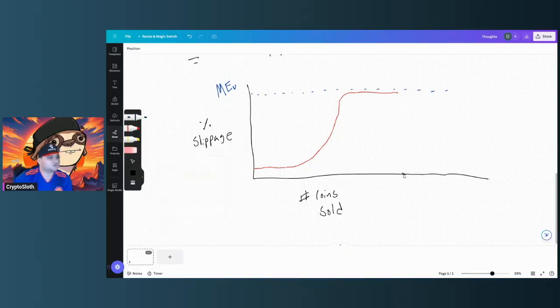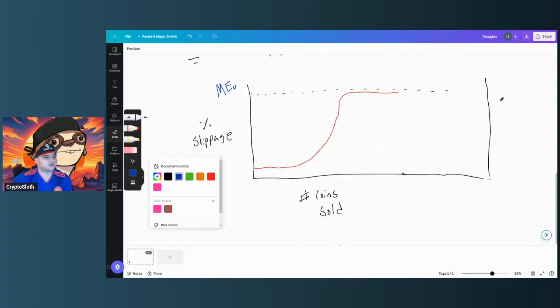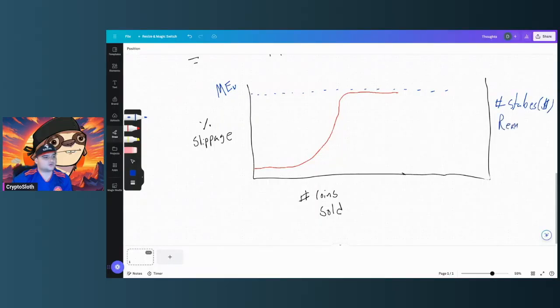So we bring this over and we'll make another one here. And this one over here, which is for the blue, is technically, in our case, stables or cash removed, right? So you cannot remove more than the MEV because that's the most that's in there, right?